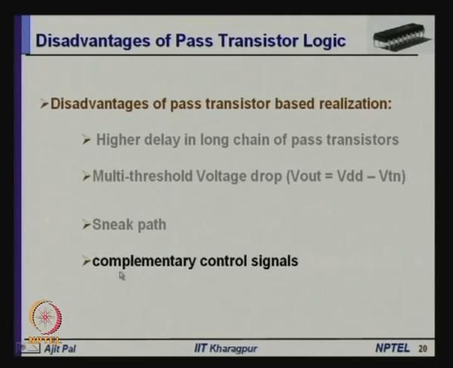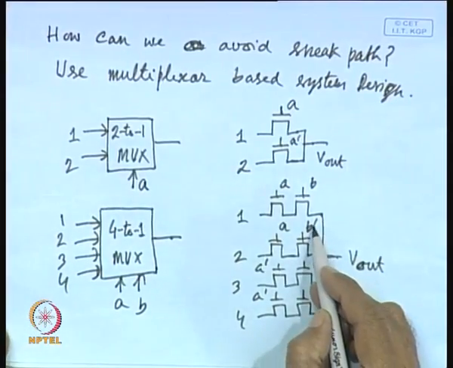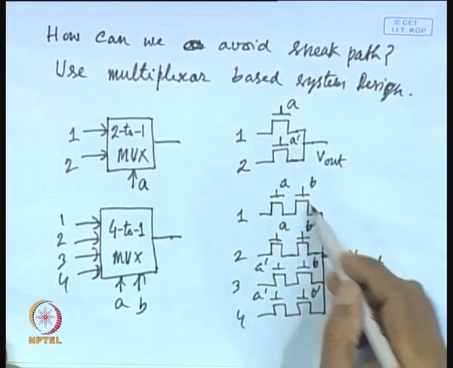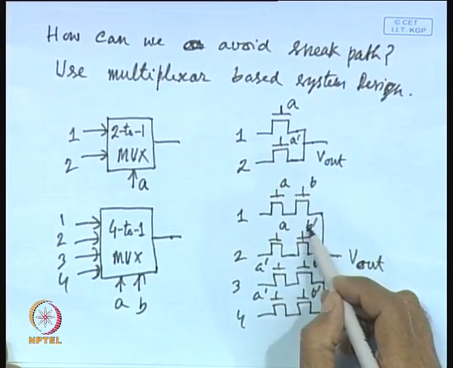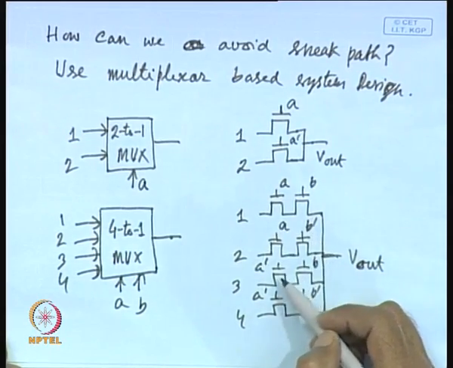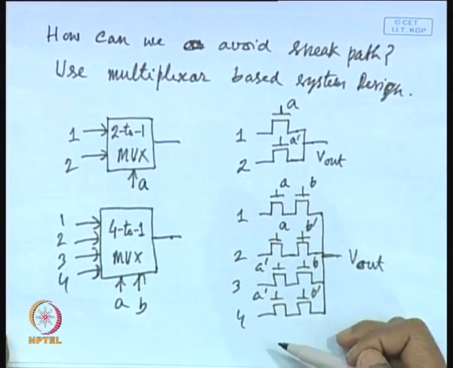Let me consider another very important disadvantage, complementary control signals. We have already seen that in some cases you have to apply control signals in the complemented form. If we consider the multiplexer network, we can see B bar, A bar, these are also present. That means, you have to apply both the control variable and its complement to control the pass transistor logic network.